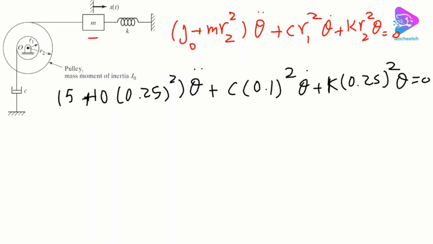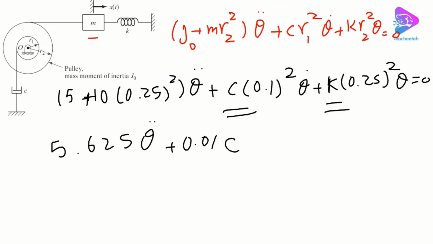And you remember we were looking for C and K. So let's do this calculation and simplify it. We get 5.625 theta double dot plus 0.01 C theta dot plus 0.0625 K theta equal to 0.